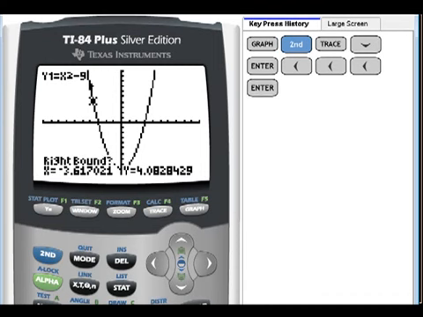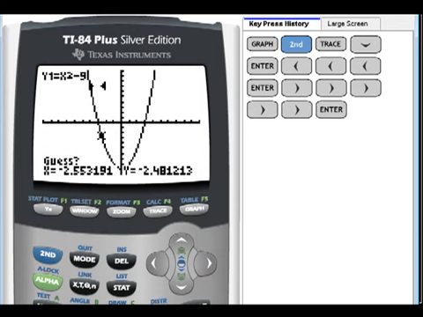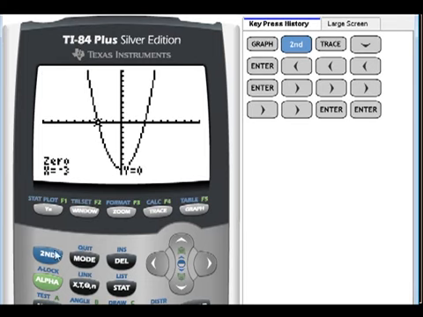Hit enter. Now right bound, that means you want it to the right side of the intercept. Anywhere over here is great. Click enter. And then the guess, you just click enter again. So here's our first intercept. X is -3 and y is 0. And that's great because that's what we found first.